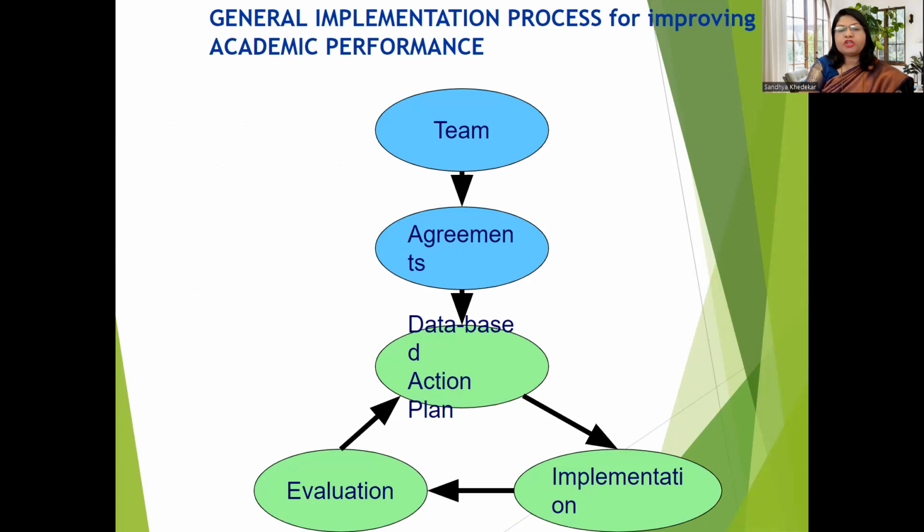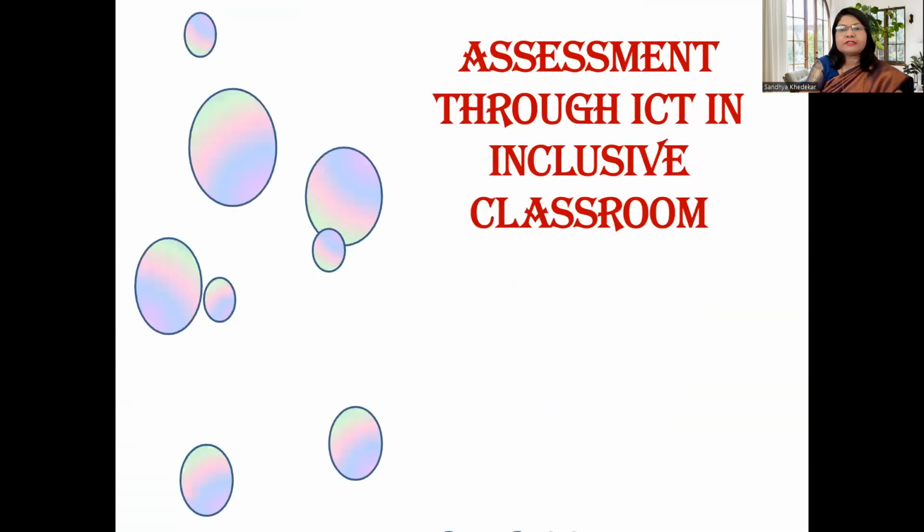Again, action plan, implementation, and evaluation. This is in a circular direction, that again we have to make a new action plan. If we fail in something, we have to implement it, again evaluate, and with the help of both positive and negative feedback, we again have to make a new agreement and new action plan, and we have to implement. So it is a very continuous process.